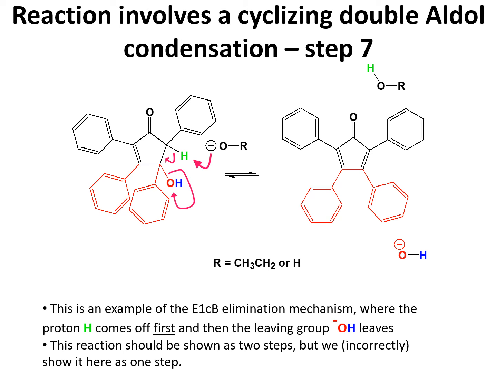As a result, the OH group leaves, and then that will give us the final product. Still, the two reactions we saw here in this slide and in the previous slide have the same mechanism, and that mechanism is abbreviated as E1CB, meaning elimination through carbanion.